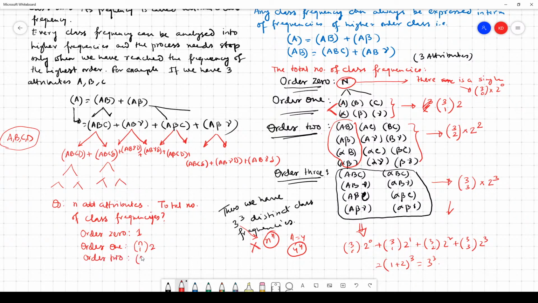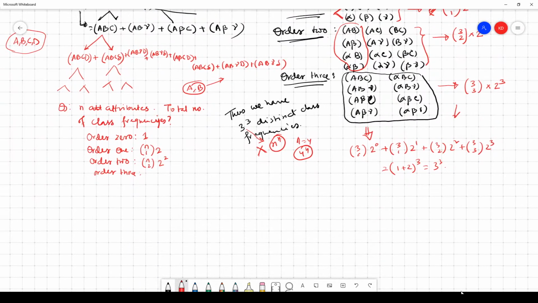So in that case, you choose NC2 ways, and suppose you choose AB, then you have 4 possibilities, because both are present, both are absent, one present, one absent. So that means 2 square. So many ways. For order 3, this is the total number of possible ways, and so on.